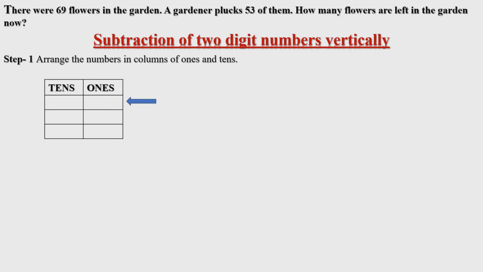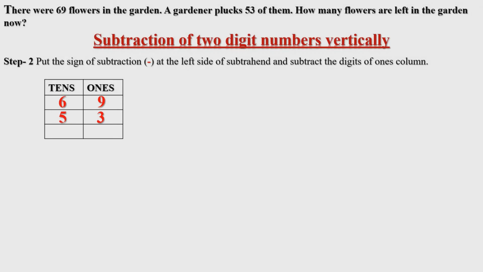Now tell which is the greater number in 69 and 53. Yes, 69. So, we will place 69 at minuend's place. In 69, write 6 at tens place and 9 at ones place. Now place the smaller number 53 at subtrahend's place. In 53, write 5 at tens place and 3 at ones place.